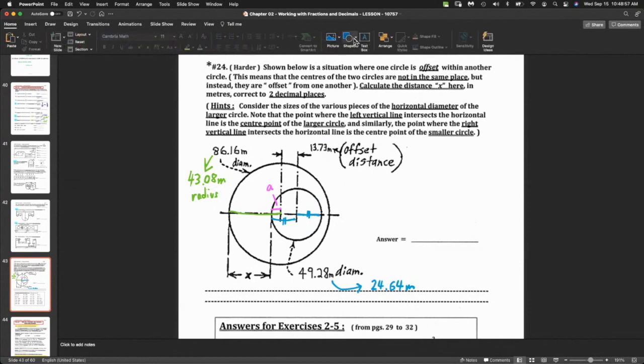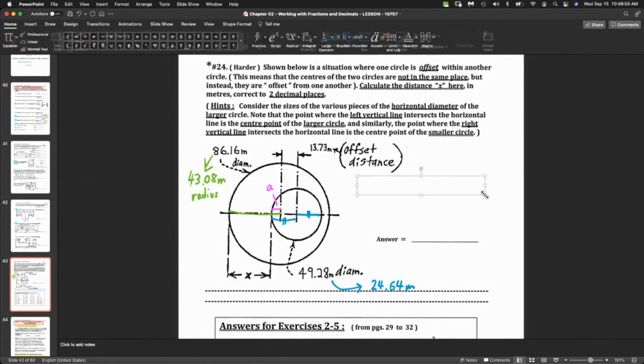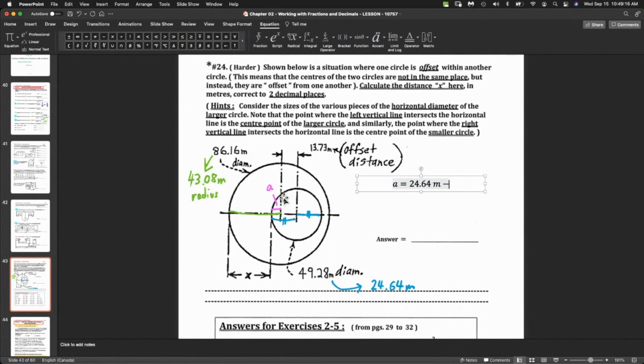So the answer comes down to a couple of calculations. A is equal to the radius of the little circle, which is 24.64 meters, minus the offset distance, the distance between the centers of the circles, which is 13.73 meters. That gives us A being 10.91, which I did by hand.